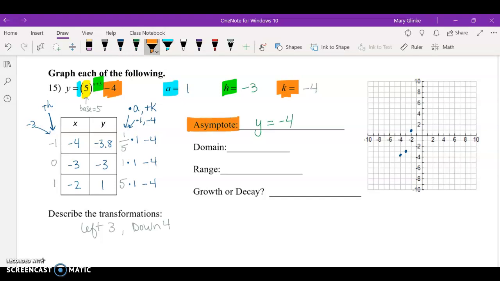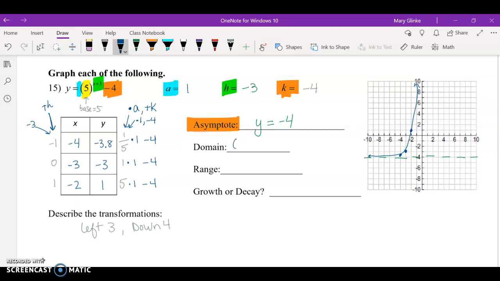These are always going to match the number at the end, the k value, and your asymptote. We are going to graph the asymptote as a horizontal line, whatever that k value is. And then we can use that asymptote to connect the dots and make this look like that exponential function getting close to y equals -4 but never touching.